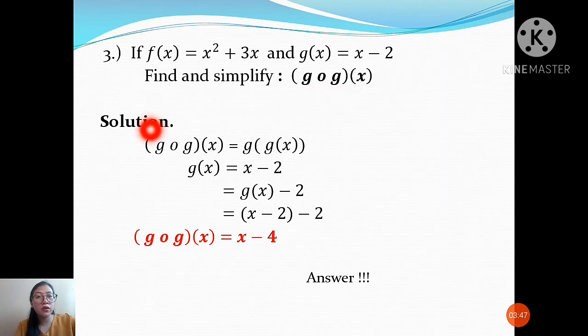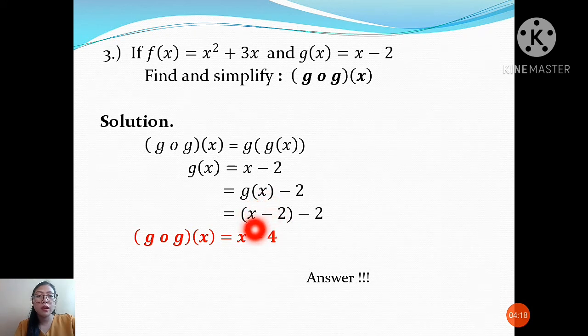For the solution, g composed with g of x is equal to g of g of x. The main function, g of x, is equal to x minus 2. Then we substitute the input function in x, so that will become g of g of x is equal to g of x minus 2. For the given function for g of x, it is x minus 2.